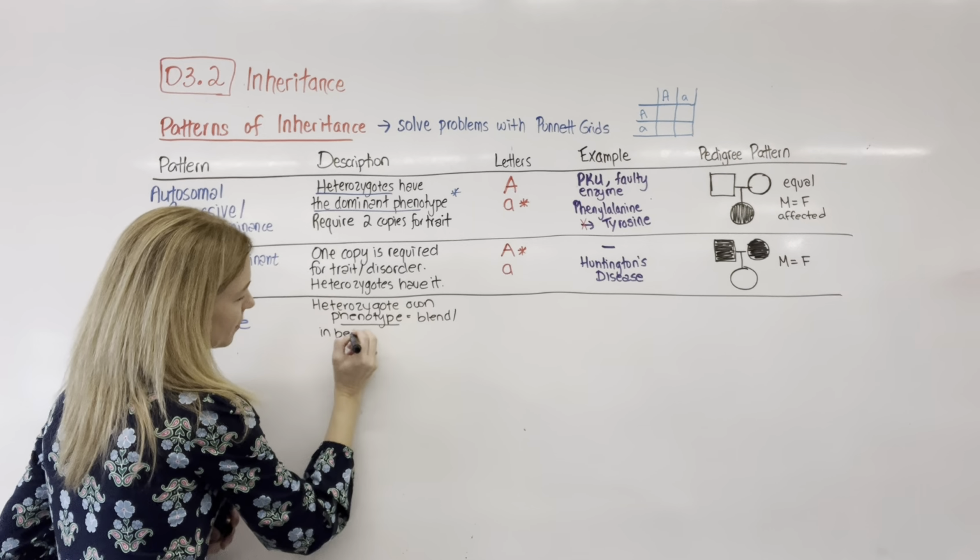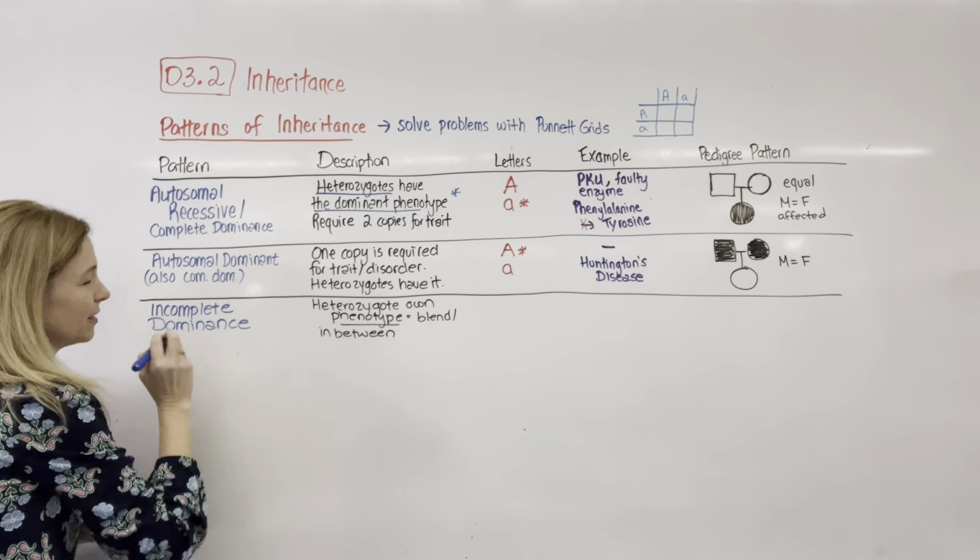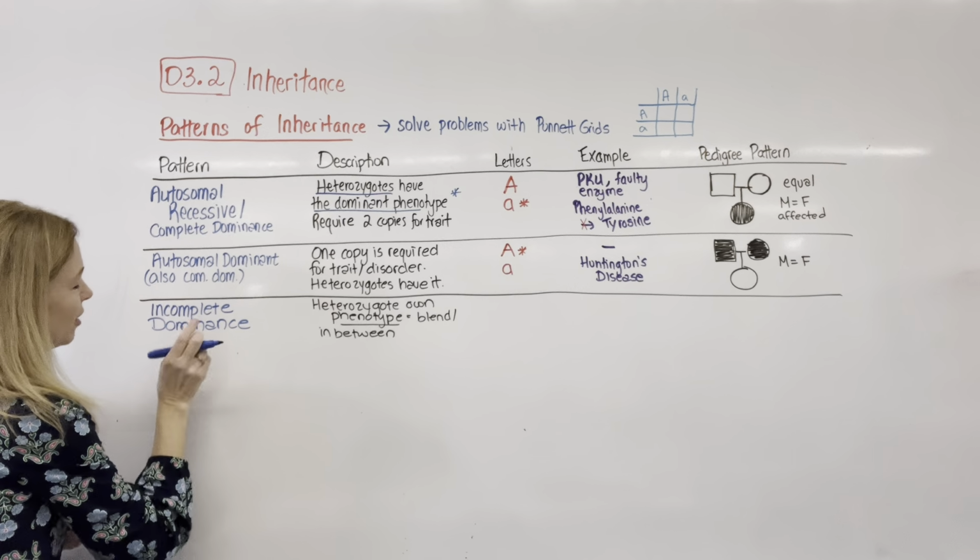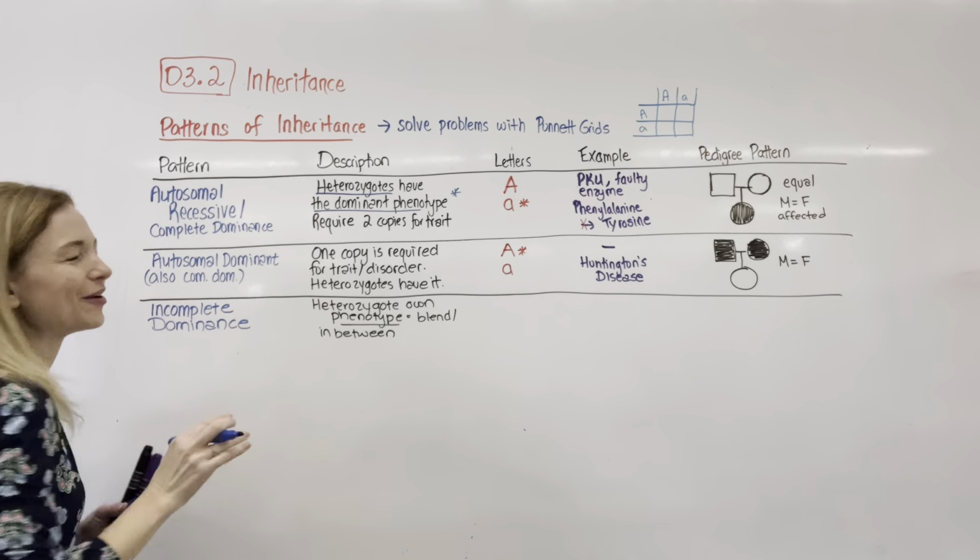I'm just going to make a little note. I'm probably going to put them on the same one, because codominance kind of works with multiple alleles, so we'll put them together. Okay, so the heterozygote has its own or in-between phenotype.